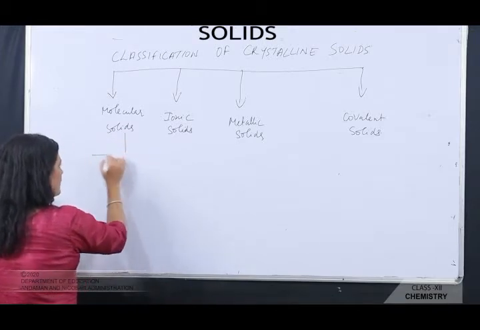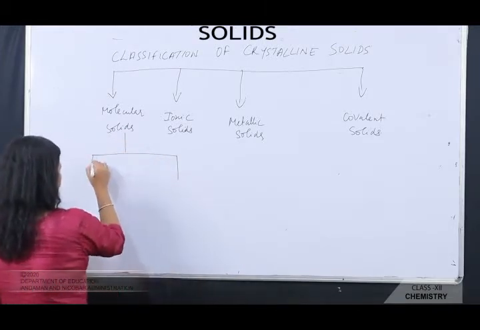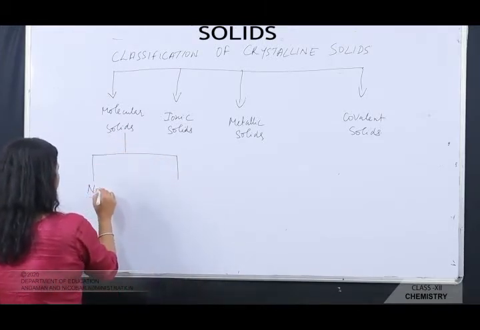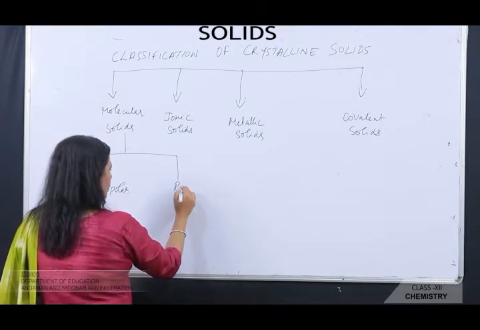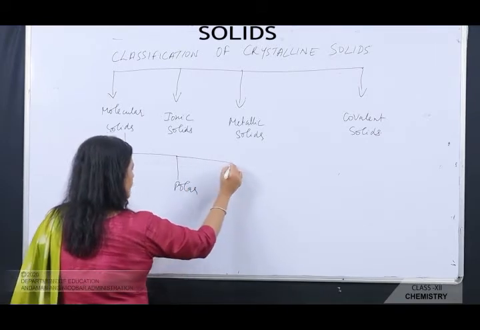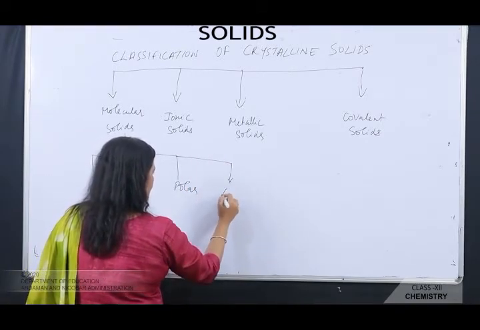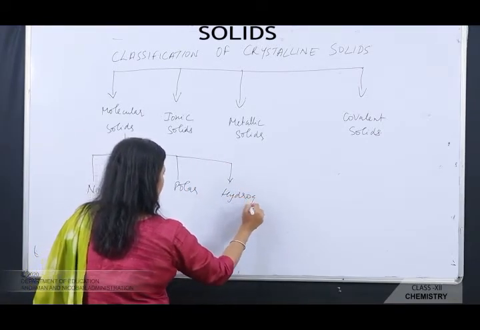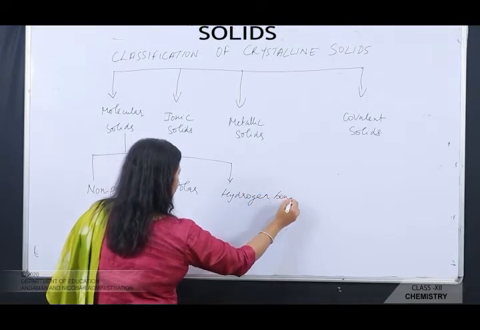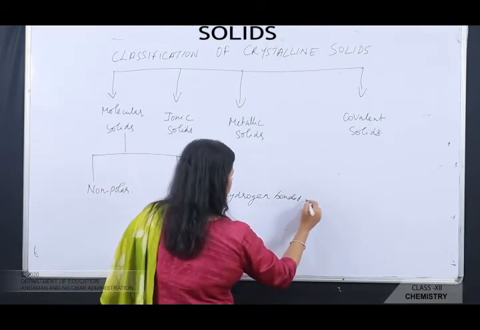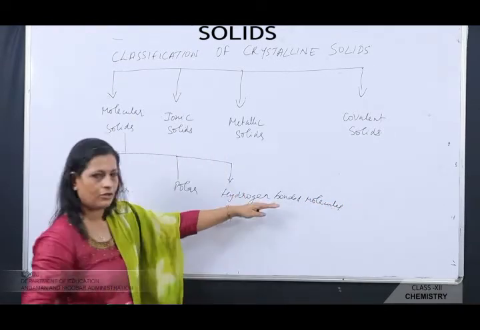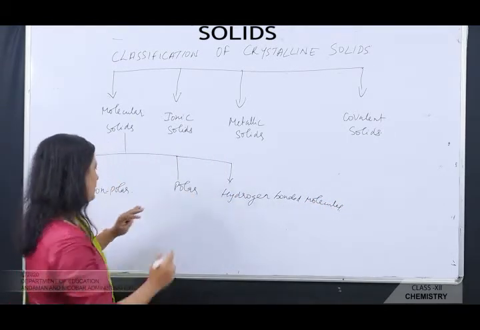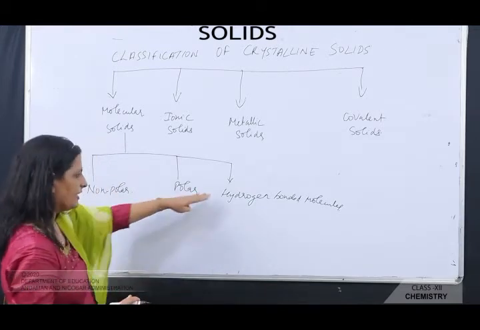Now these molecular solids are 2 types, non-polar and polar. In polar, one more comes, that is hydrogen bonded molecules. Actually, hydrogen bonded molecules are also what? Polar molecules only, but I have written it separately.